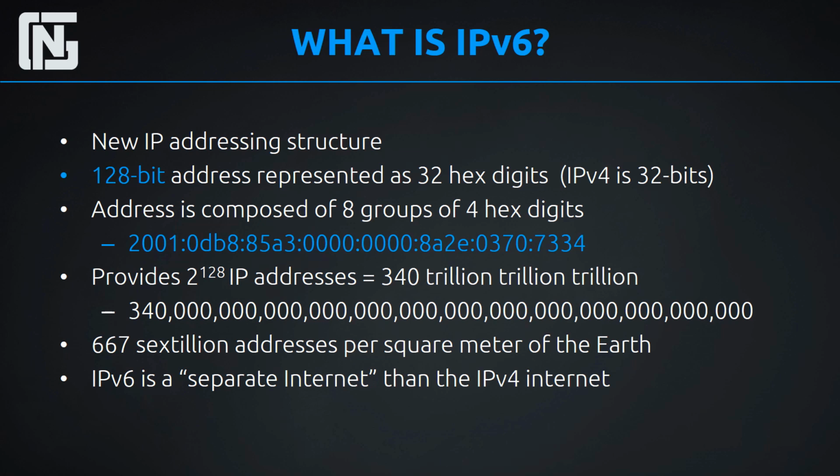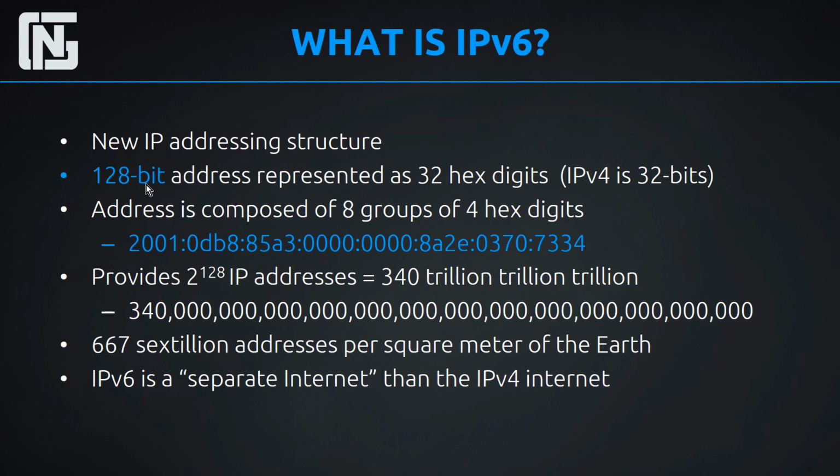In a nutshell, it's really just a new addressing structure for the internet, for Internet Protocol. Of course, this affects private networks as well. The reason we have IP version 6 is because we needed a larger addressing structure. It's a 128-bit address, whereas IP version 4 was just 32 bits, 32 ones and zeros, whereas now we have 128 ones and zeros.